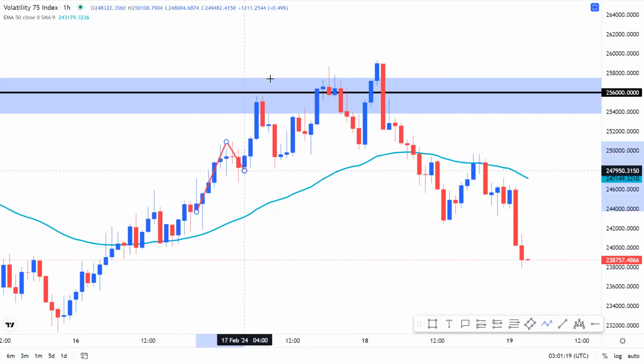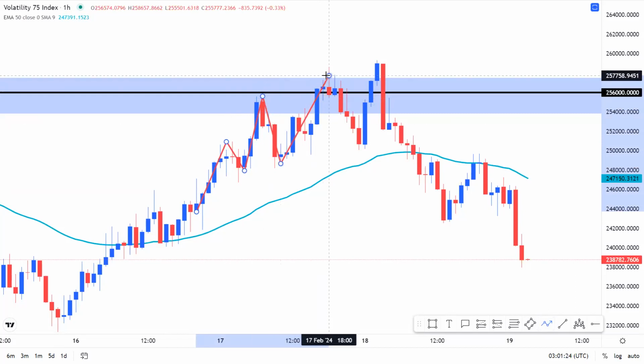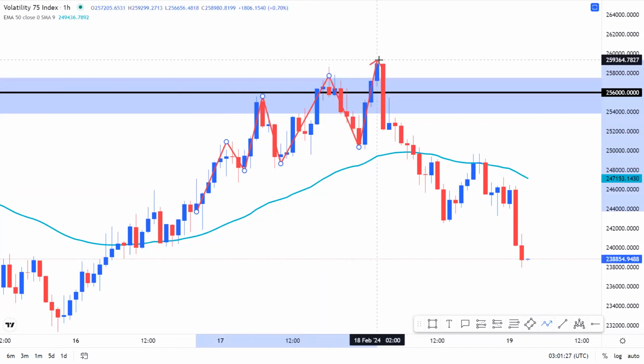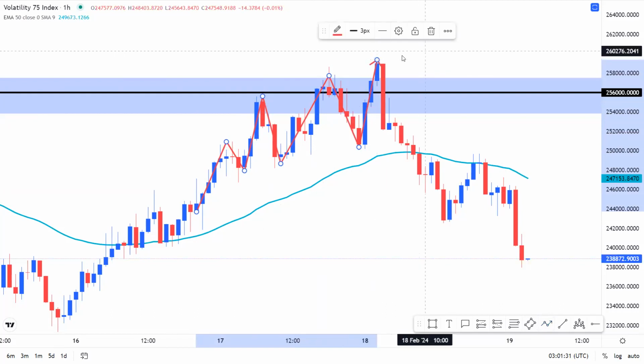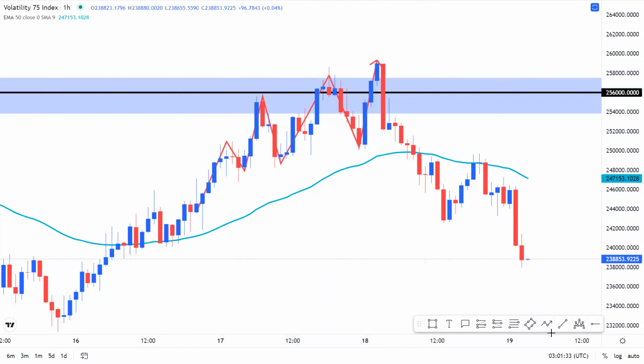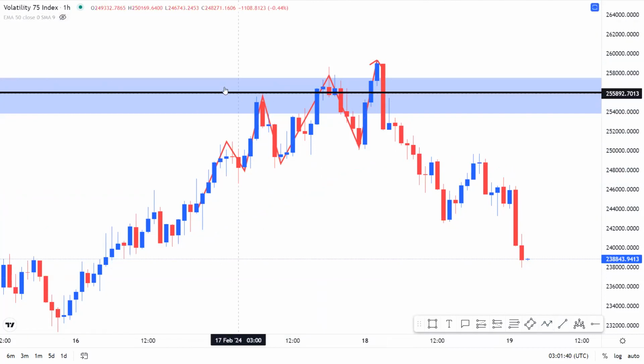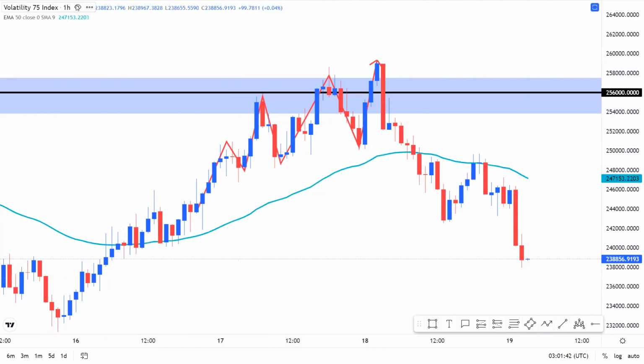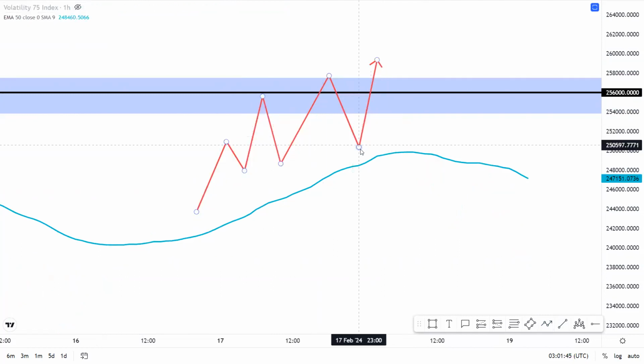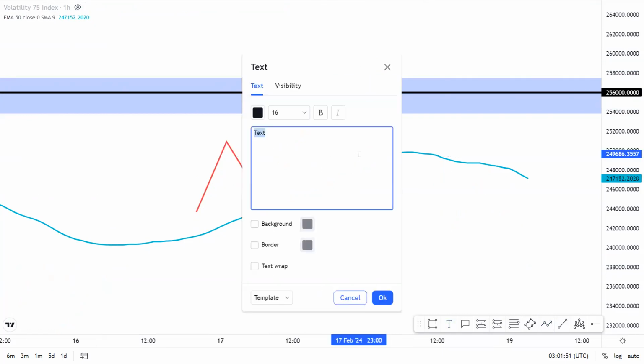So we have the lower time frame in a bullish structure, as you can see, where price seems to be printing higher highs and higher lows. As you can see, we have this being the last swing low.